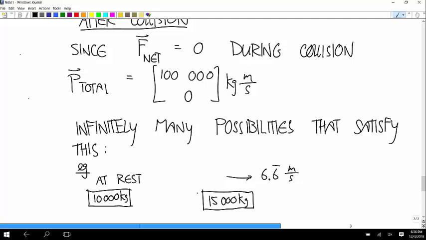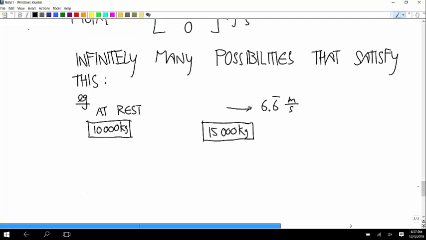So that's one possibility. Another possibility is those two could stay in contact with each other. That's what would happen if the trains linked when they collided. And so you could get a system where they stay together and the whole thing moves at 4 meters per second.